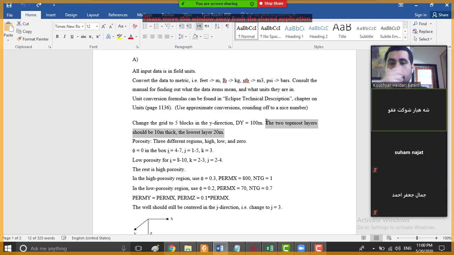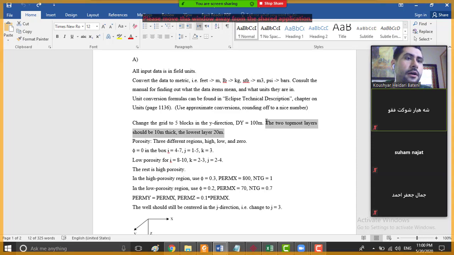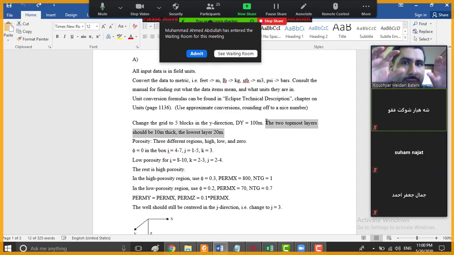Good. This is a very important thing that you need to know when you're working with Eclipse. This is how the code writer of Eclipse decided to write the keywords. This is not a law of physics, this is not a law of mathematics, this is just a convention.